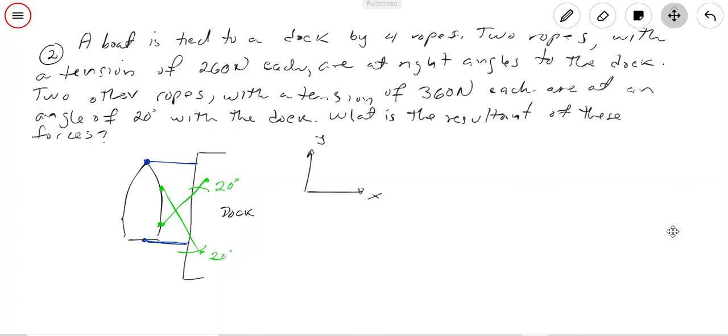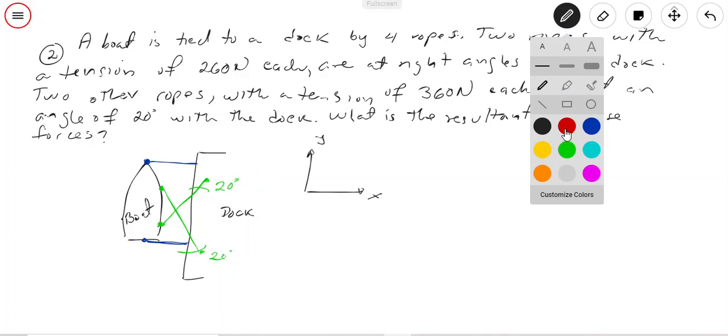So basically here we're making a representation. This is our boat, and here we have the 4 ropes in blue and green, tied to the dock. Which are the forces we have here?